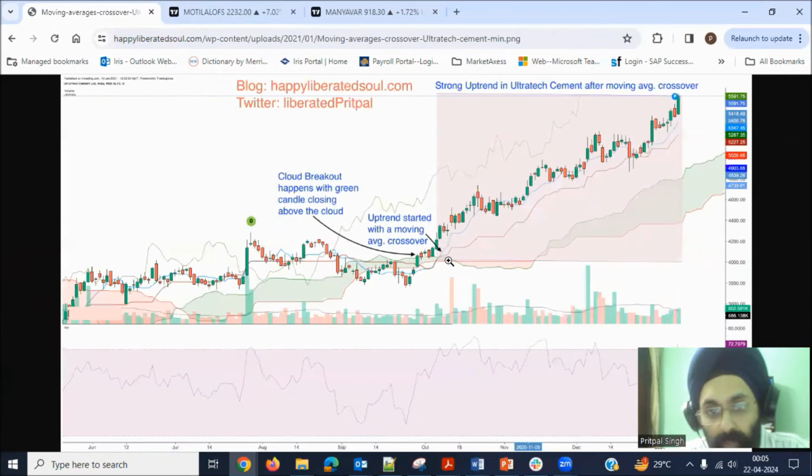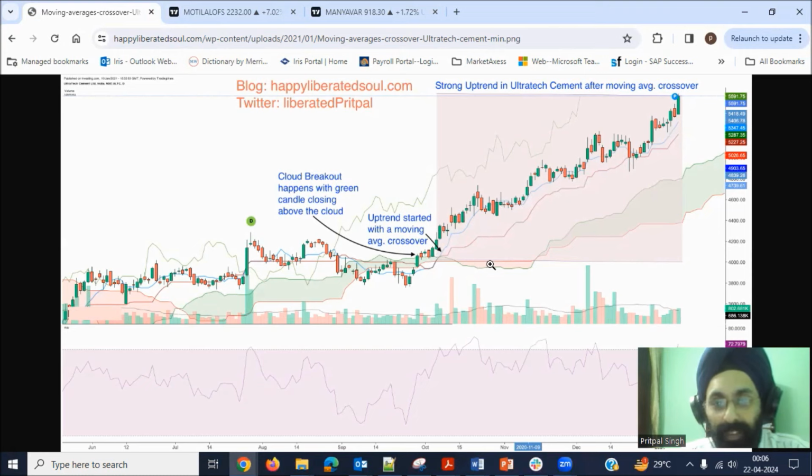okay. Similarly, I have mentioned that here the cloud breakout happened with the green candle closing over it. Here the breakout happened, and in a very similar fashion to what I talked about in the previous charts, the retracement happened and the price went up. This was a huge move, the price went up from here to here. The risk reward ratio here will be like 1 is to 2025.